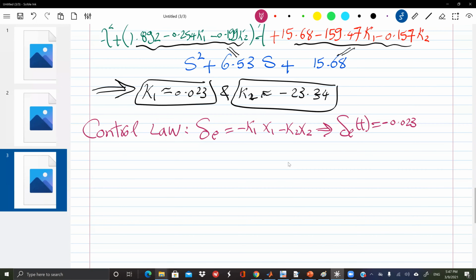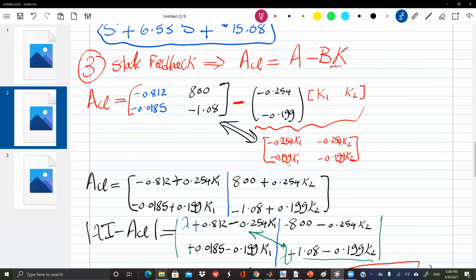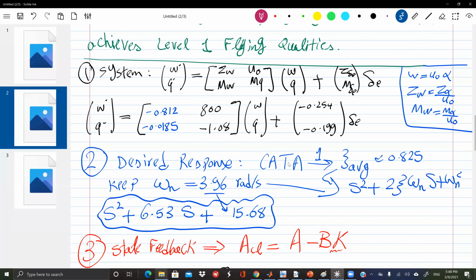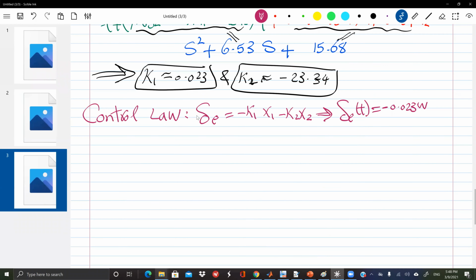In this particular formulation, my first state I started with was w, and my second state was q. In other problems, like the homework problem, for example, you're given the short period in terms of alpha, not in terms of w. So it depends on really what state you started with, okay? So here it was w minus, so minus is plus. This is times q, the second state.